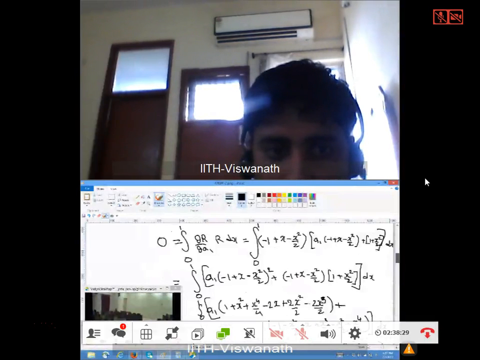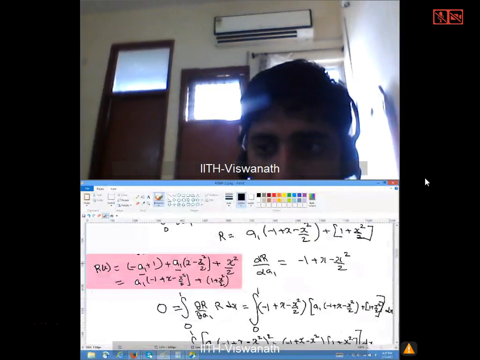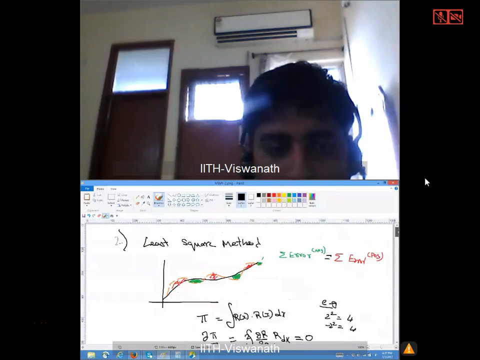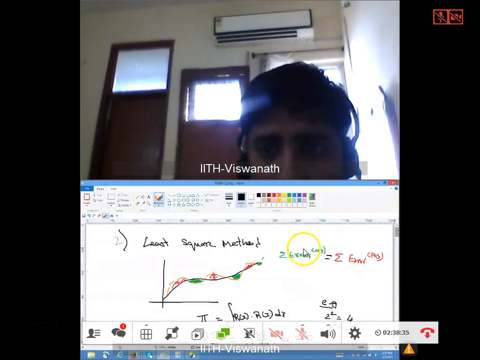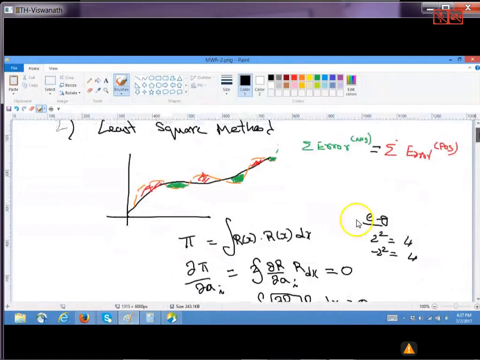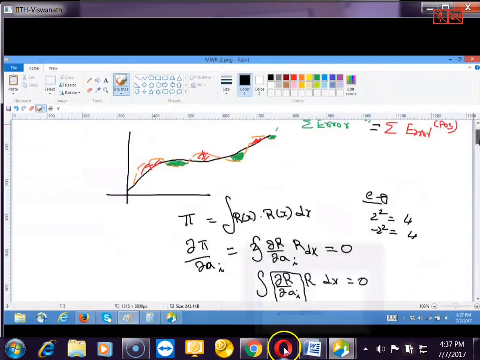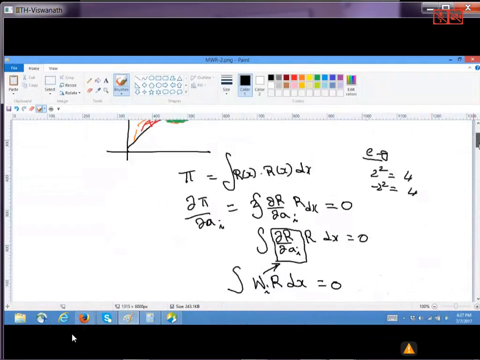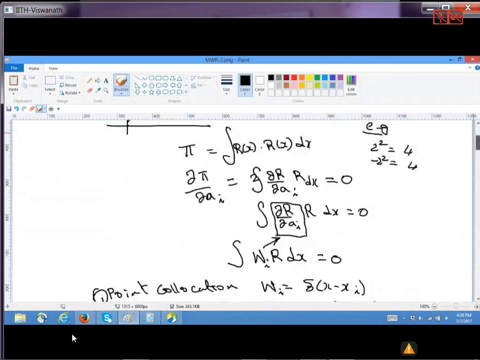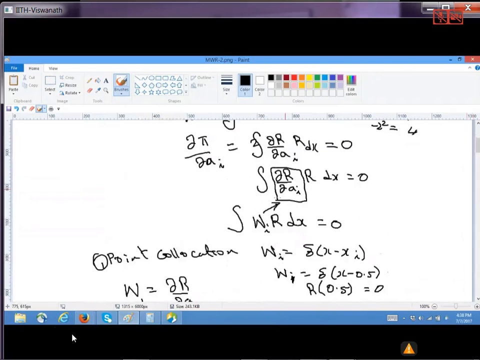So the least square method, let's have a review. The positive error has to balance the negative error. So we take r of x squared, which is a positive quantity, and differentiate with respect to my unknowns to get my method of weighted residual or the equilibrium condition.